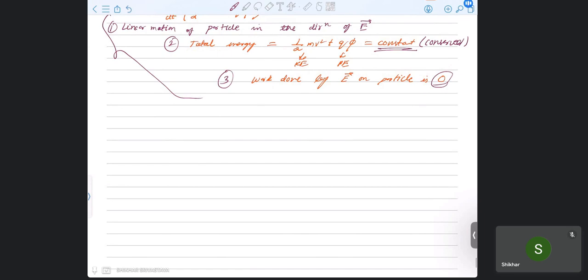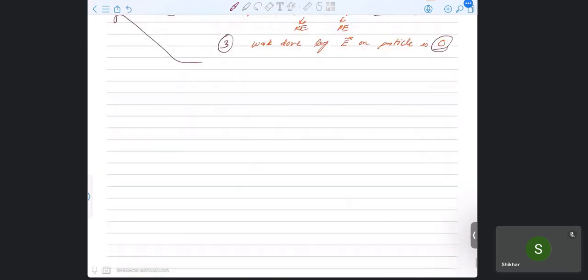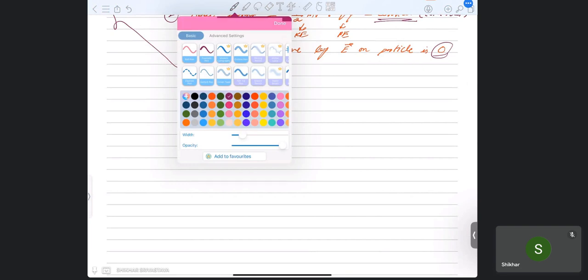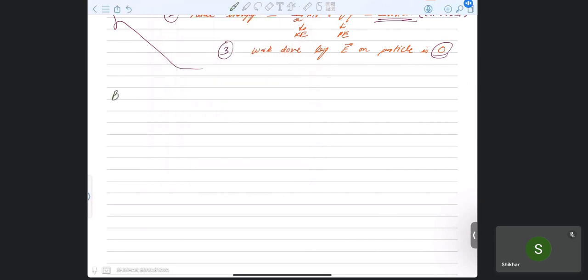Now comes the second topic. Particle motion in a uniform and static magnetic field. So just replace the electric field with the magnetic field.